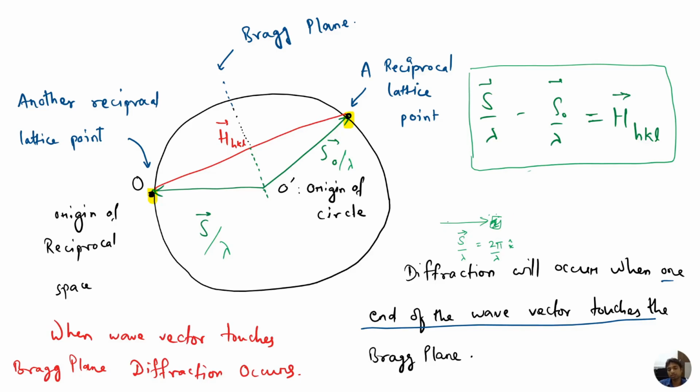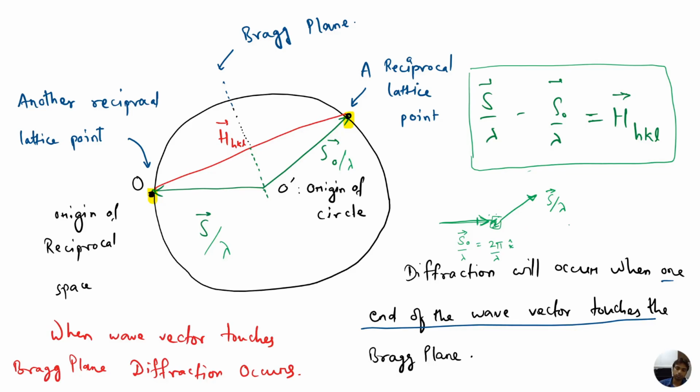Okay, so this is how in real space, if here you are sending a beam, this is your S naught by lambda and this is S by lambda. So this beam you can think of it like that.